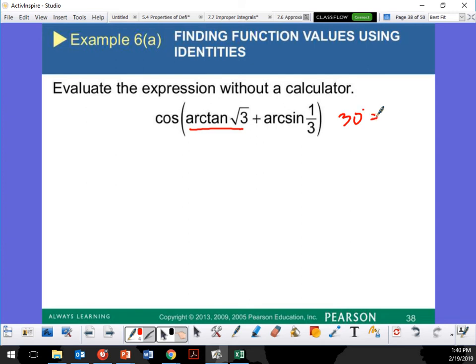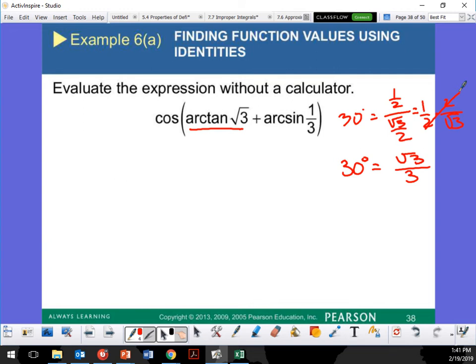I would have 1/2 over rad 3 over 2, multiplied by the reciprocal. So it's going to be rad 3 over 4... Multiplied by the reciprocal. And so we get 30 degrees is going to be rad 3 over 3, after you rationalize, because I have a rad 3 down here.